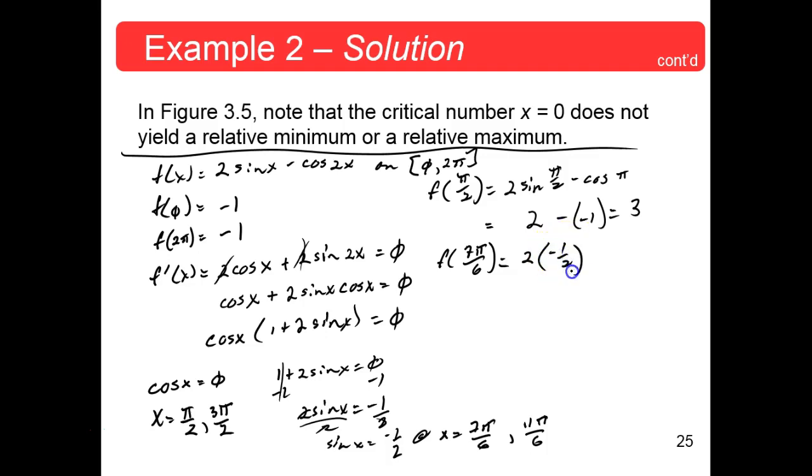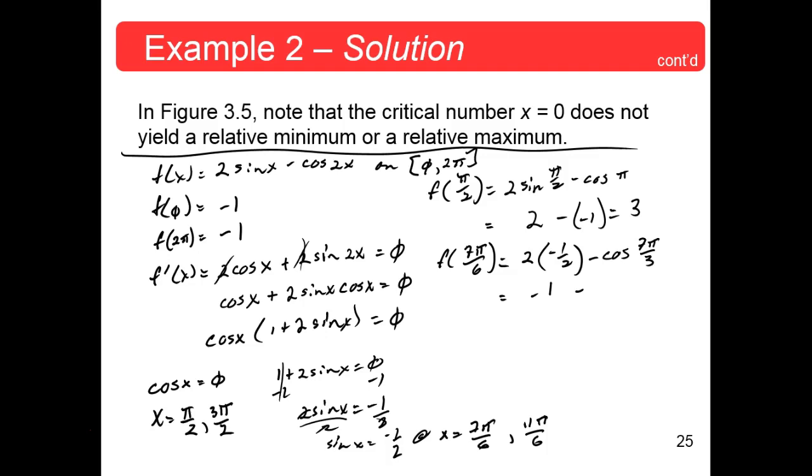Minus the cosine of 2 times 7/6 pi, which would be 7/3 pi. Okay, that's going to take some head scratching. Well, 2 times negative 1/2 is negative 1, minus the cosine of 7/3 pi.